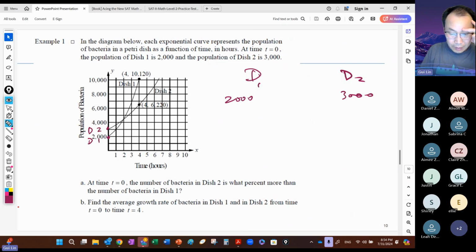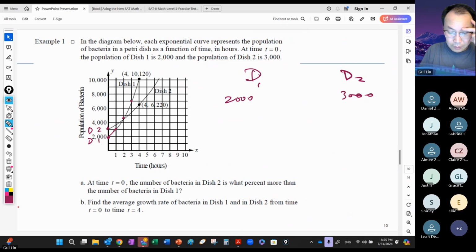And with the time growing, you can see that this one grows faster, right? After 1, it grows to 3,000. After 2, it grows to about 4,500. At 3, it grows to 7,000. It's somewhat doubling, right? This one is increasing by 1,000 here.